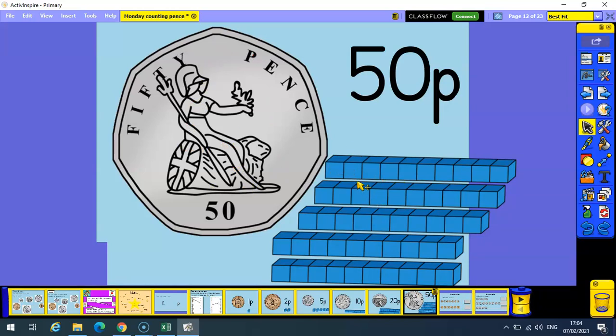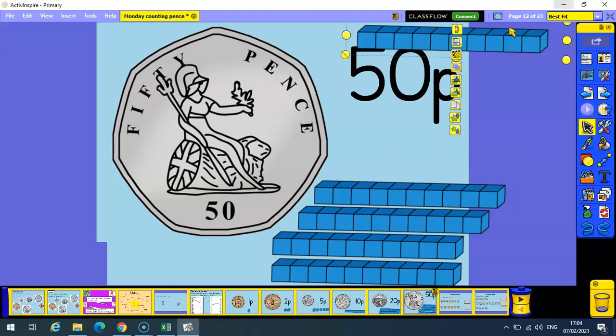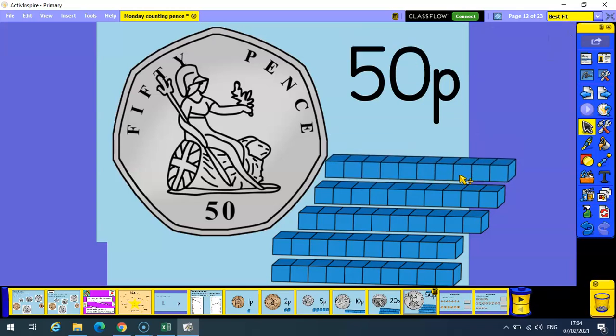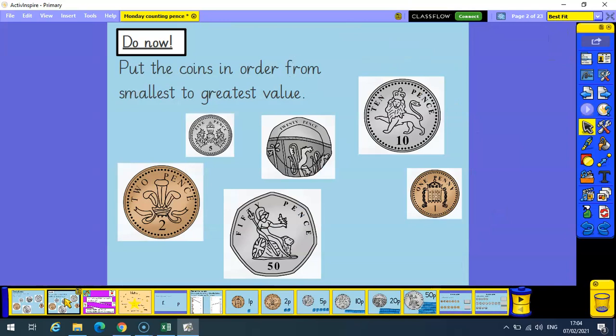50p is worth 50 ones, or 1, 2, 3, 4, 5 tens. So let's go back to this slide and see if you got it right. What comes first? We're going from smallest to greatest value, remember, not from smallest to greatest size.